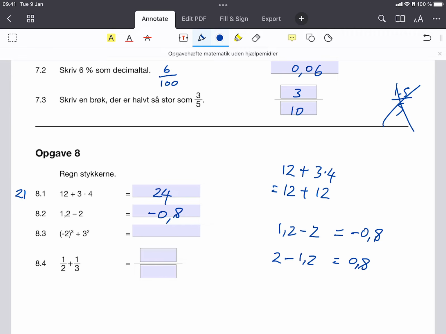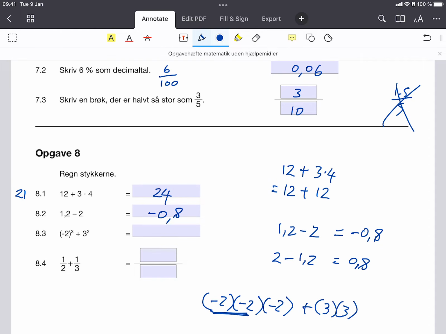Okay, minus 2 cubed. So that's minus 2 times minus 2 times minus 2 plus 3 squared. So plus 3 times 3. You need to know that something cubed means that you're multiplying by itself 3 times. That's not the same as multiplying by 3. So we're not doing minus 2 times 3. We're doing minus 2 times minus 2 times minus 2.